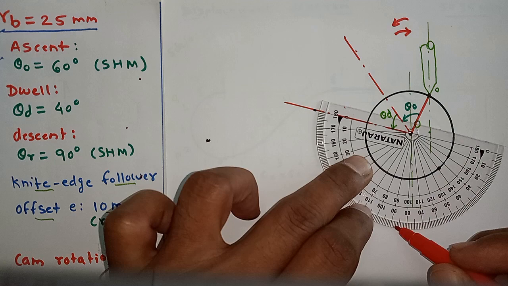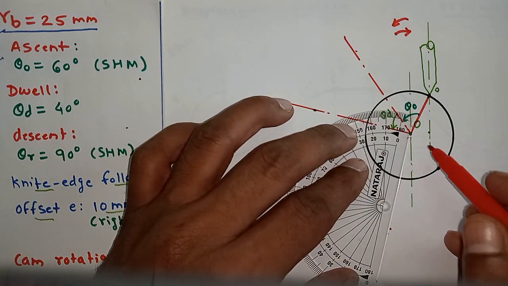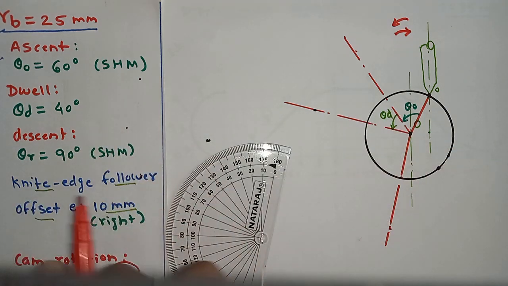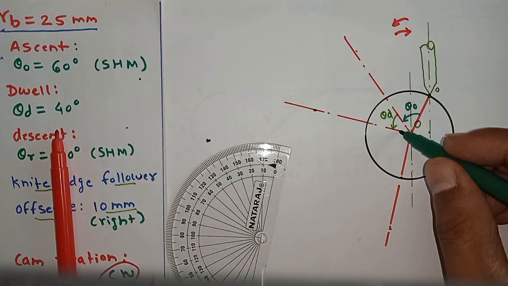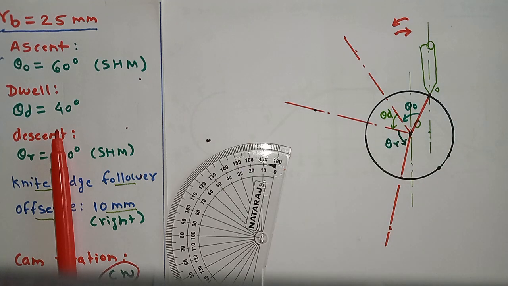So from this line, 90 degrees here. So I will draw the division line. Name this angle as theta R, the return stroke angle, and the remaining is the dwell period, during which the follower displacement is 0.